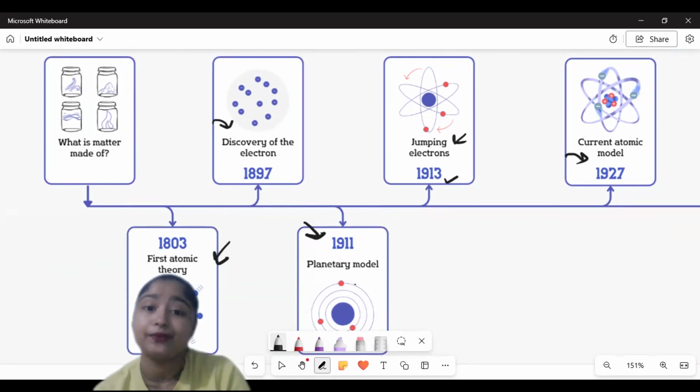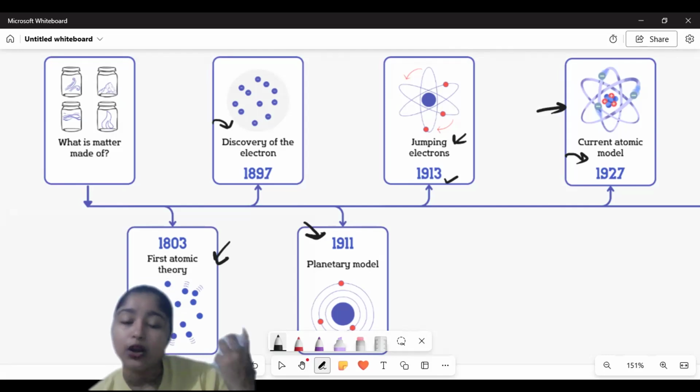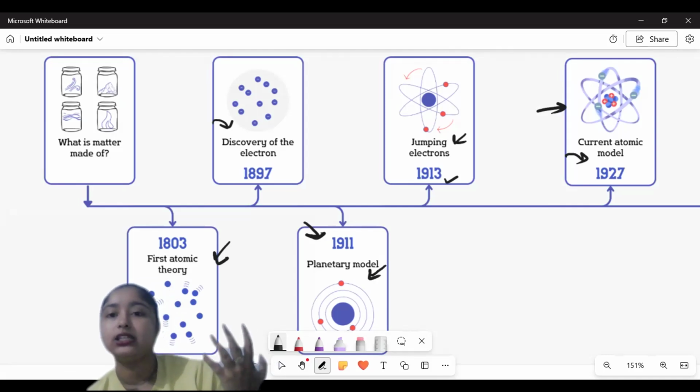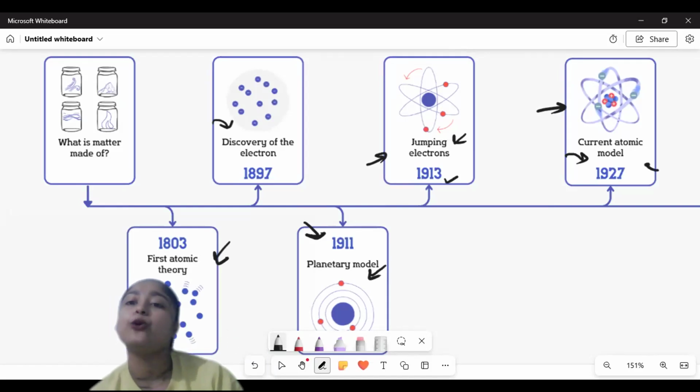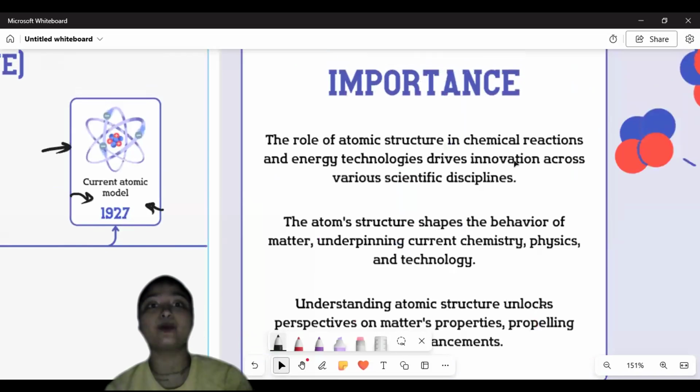Then we have the 1911 planetary model. Then we have the jumping electrons in 1930. And then 1927, the current atomic model that we are using. As you can see, it looks something like this. See how changes occurred in these; when the model was first given, how it looked, then how it changed, and now the model that we are using currently, how different it looks, right? So multiple researches were conducted to identify which one is the correct pattern.